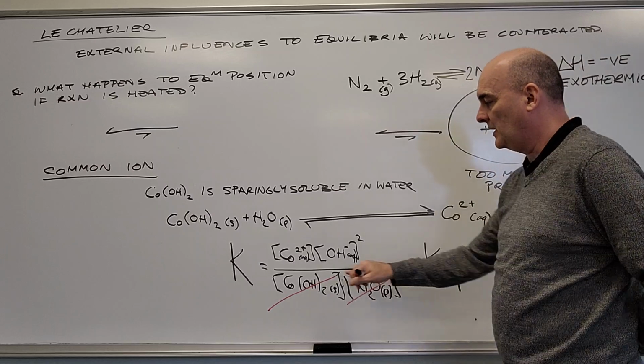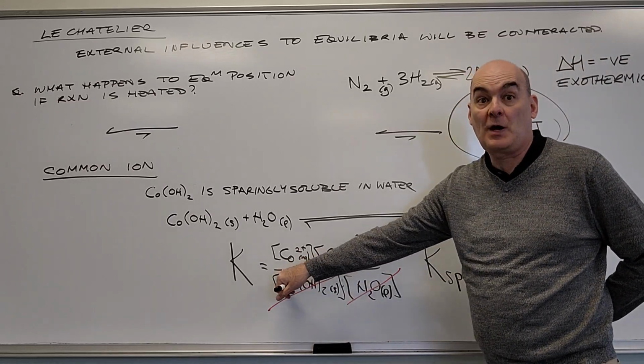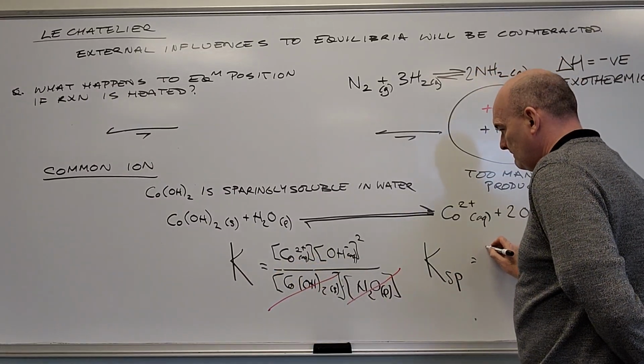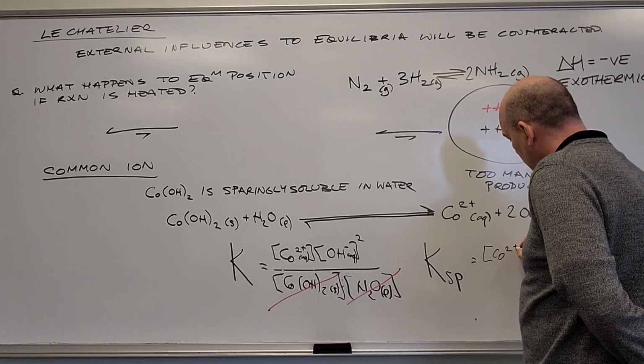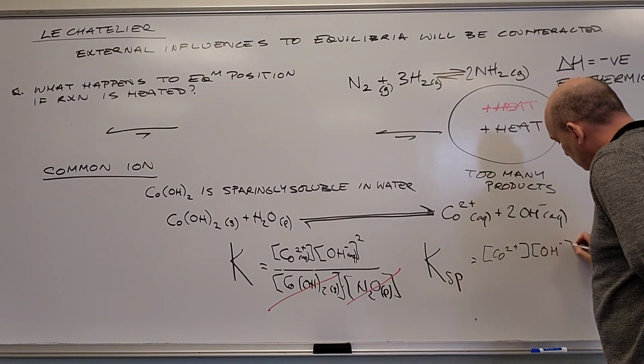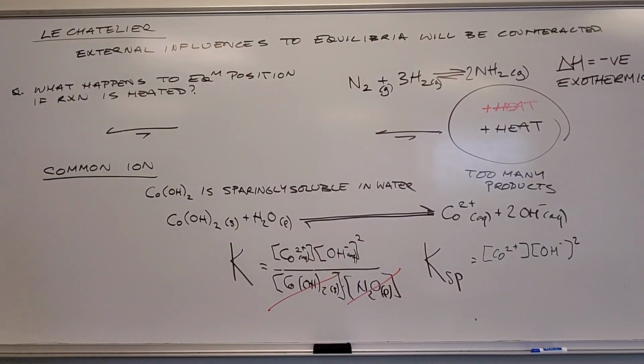It's the solubility product. It just means multiply the ions by themselves. Product: take two numbers and multiply them by each other. That's my solubility product for cobalt hydroxide.